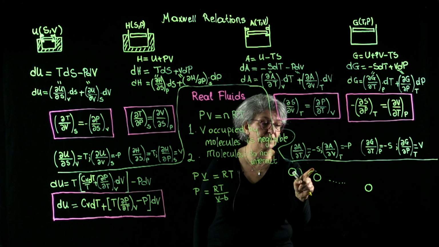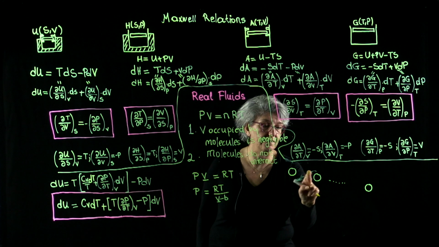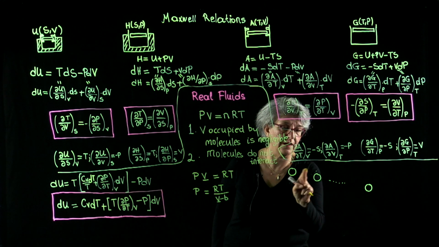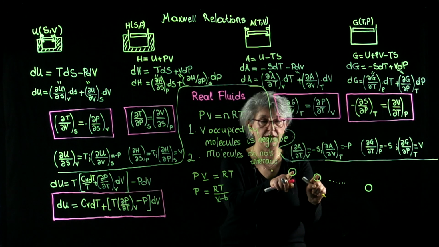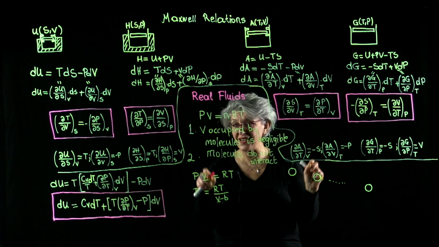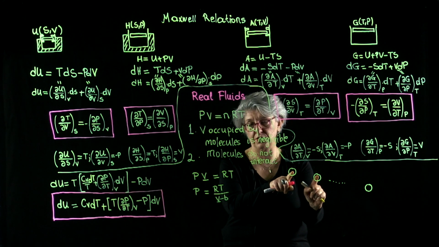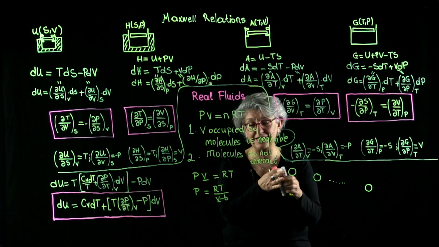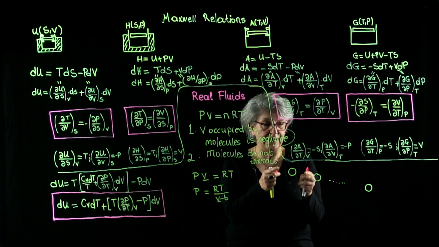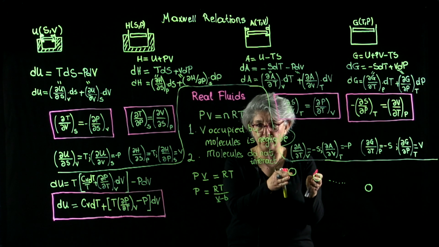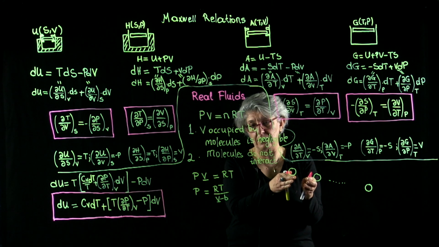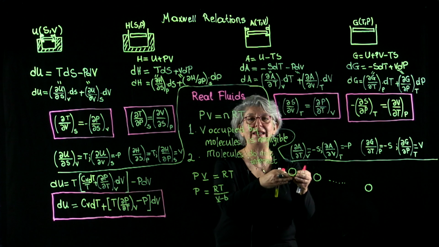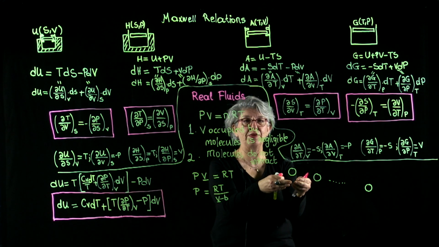If this is the position, the pressure brought the molecules together, and if their interaction is attractive, they will move even closer, or in the same volume, they will feel a smaller pressure.